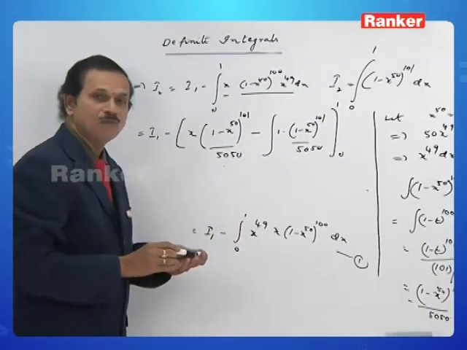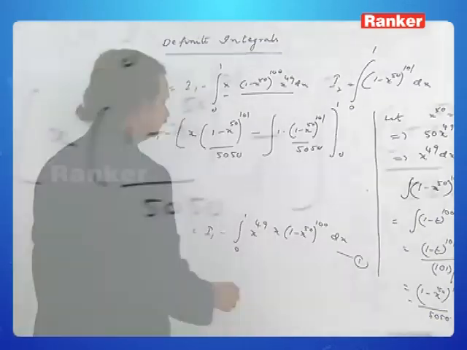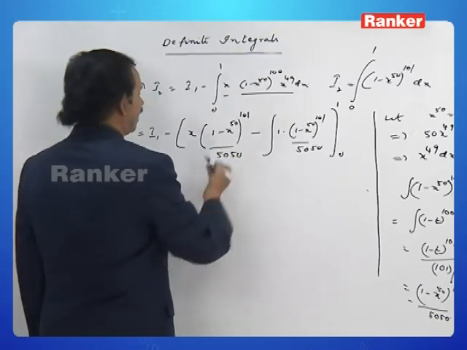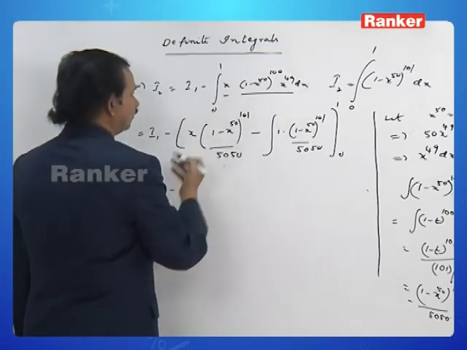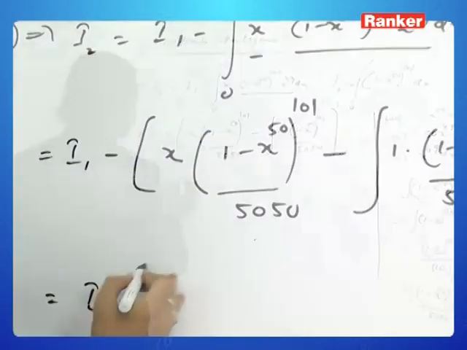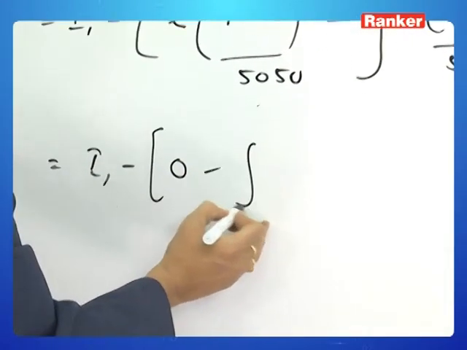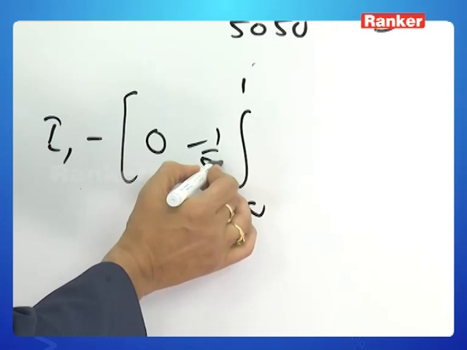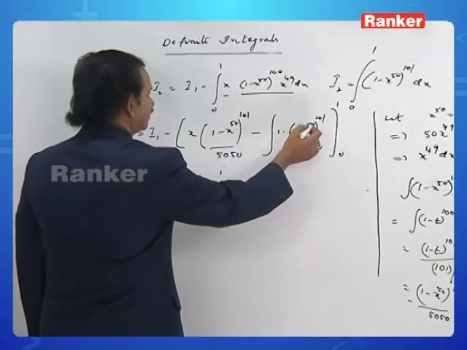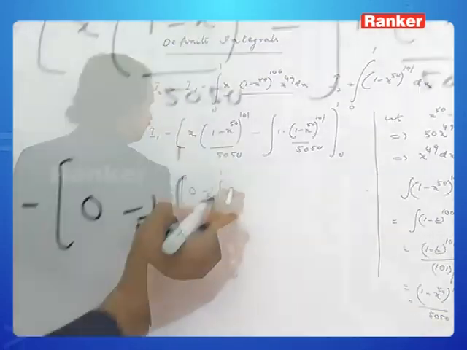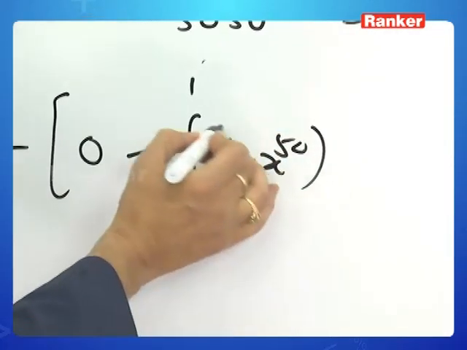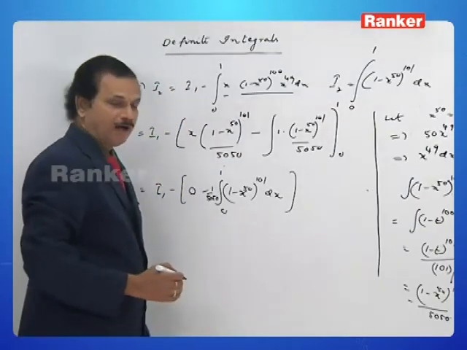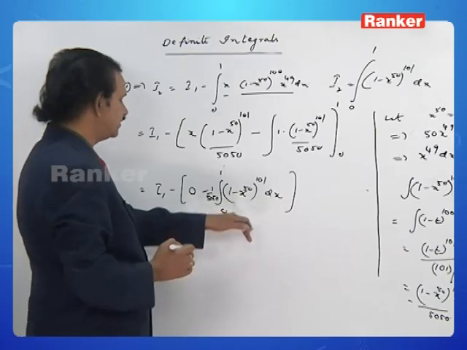Between the limits 0 to 1. Again, if you put 0 and 1 here, 1 minus 1 is 0, 0 into anything is 0, so this part becomes 0 minus integral 0 to 1, 1 by 5050 into (1 minus x power 10) whole to the power of 101, which is nothing but, observe, this is nothing but I2, isn't it?